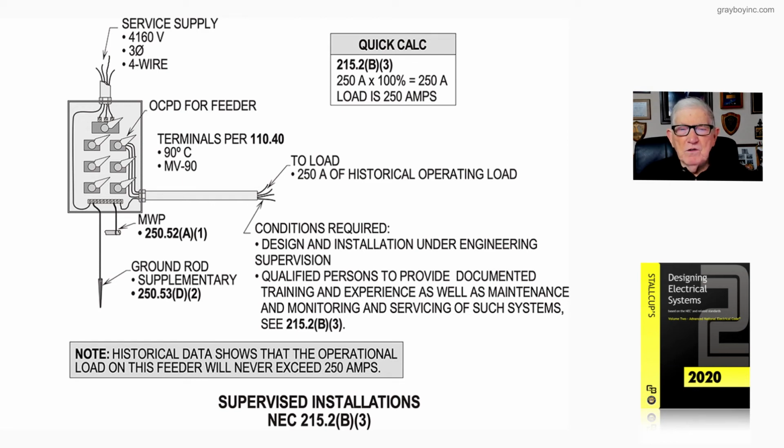If you're considered a supervised industrial location under 215.2(B)(3), and a supervised type industrial location defined in 240.2, if you fall under these conditions, then your quick type calculation can be performed, and this is exactly what this figure 17-18 is illustrating to the user of the NEC.